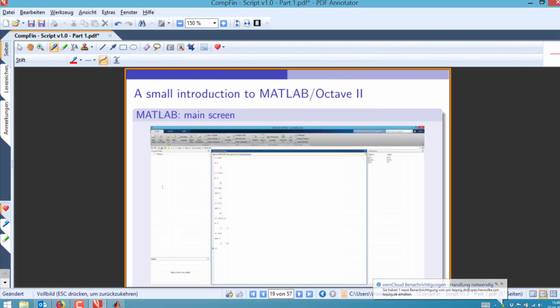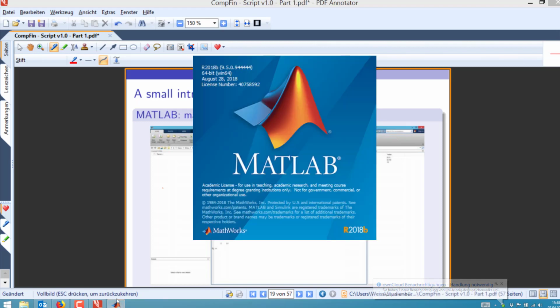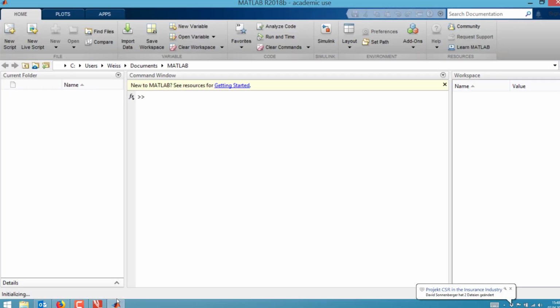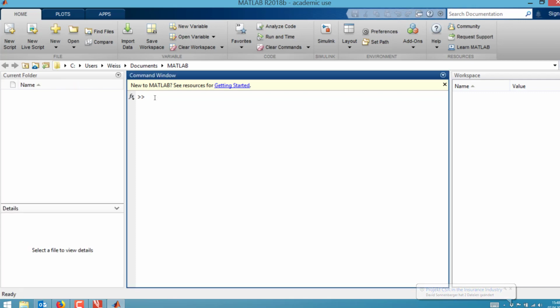This is the same screen, but the resolution is not very high. Okay, so this is MATLAB. You can start by saying A equals 5. Then B equals 10, and A plus B, and the answer is 15.